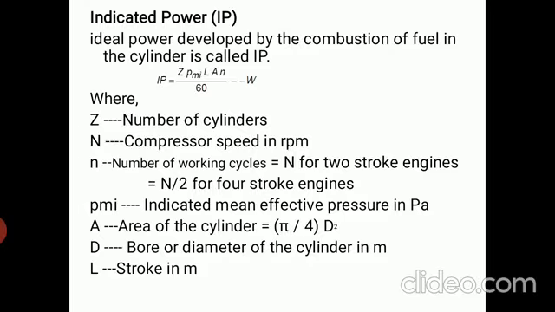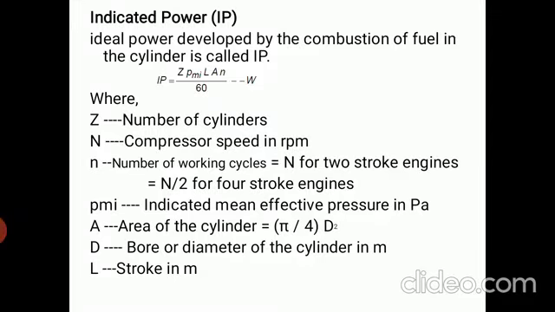In this expression, P suffix mi is nothing but the indicated mean effective pressure, the mean effective pressure based on indicated power. That's why Pm is the mean effective pressure, and the suffix i indicates that this mean effective pressure is based on indicated power. Capital L is the stroke length.